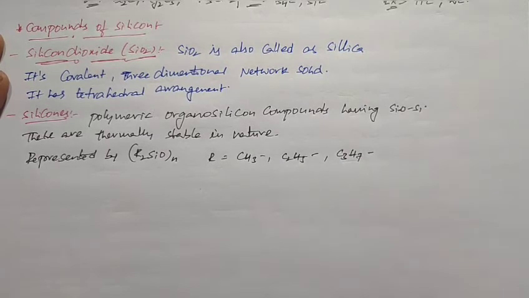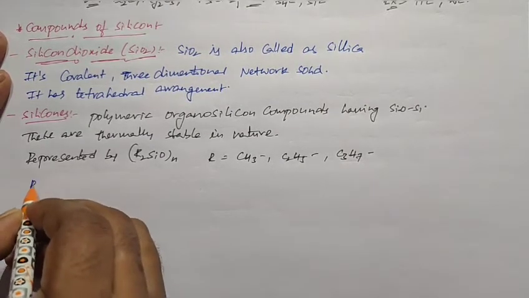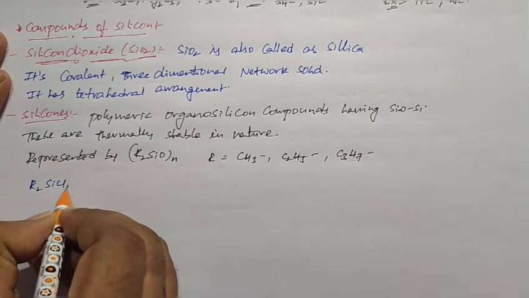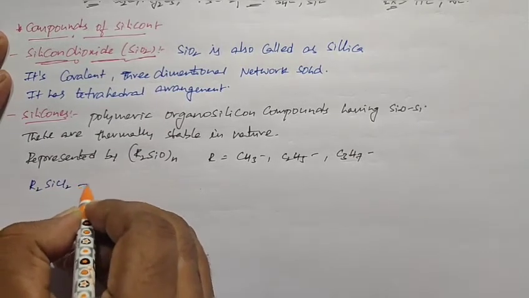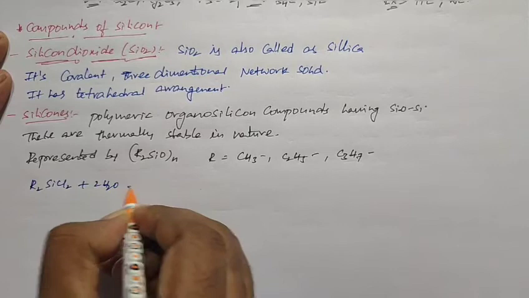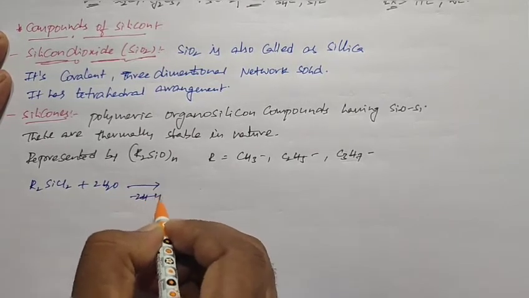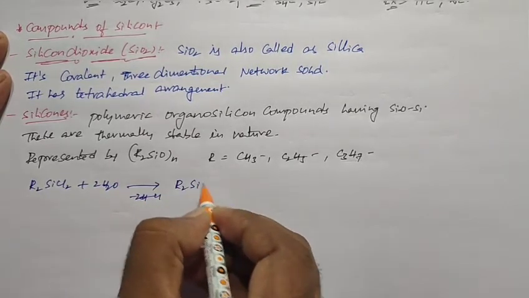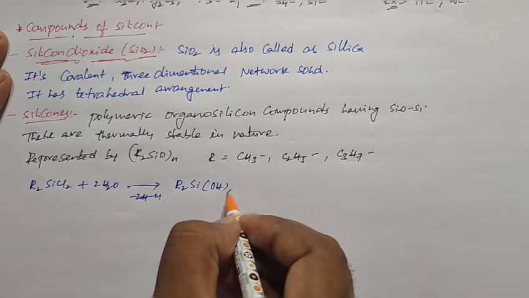Now we see the preparation of silicones. When a dialkyl dichlorosilane undergoes hydrolysis, it forms R2Si(OH)2.